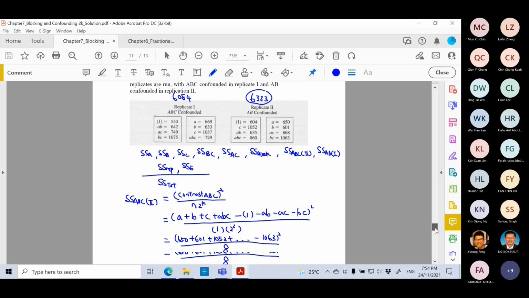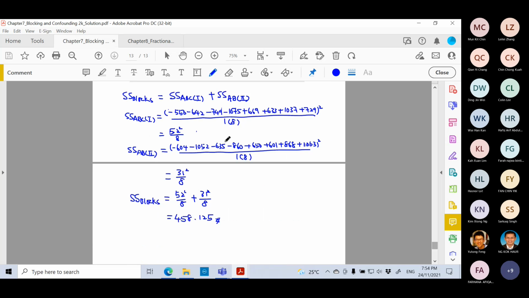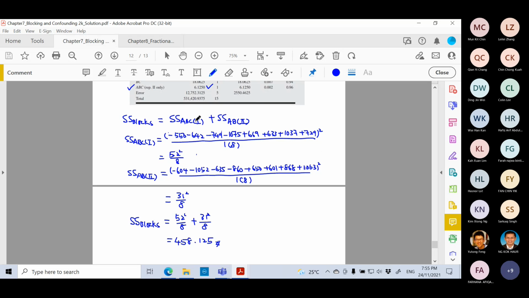It comes from the sum of squares for ABC under replicate 1, with the plus minus signs from the first ABC, and then the SSAB from the second replicate. Then you just get the total.